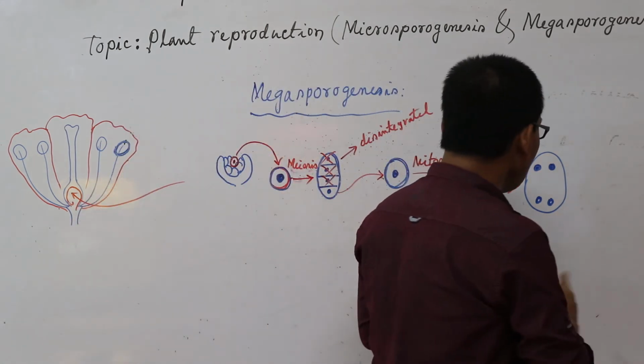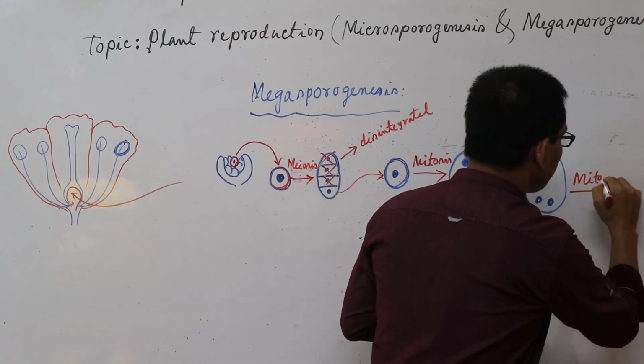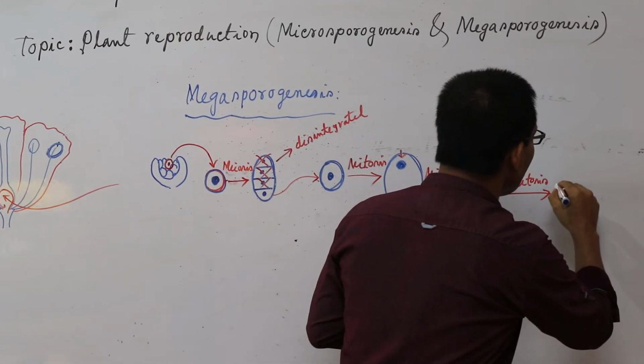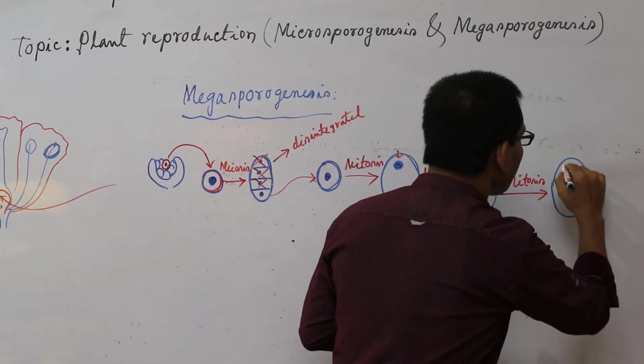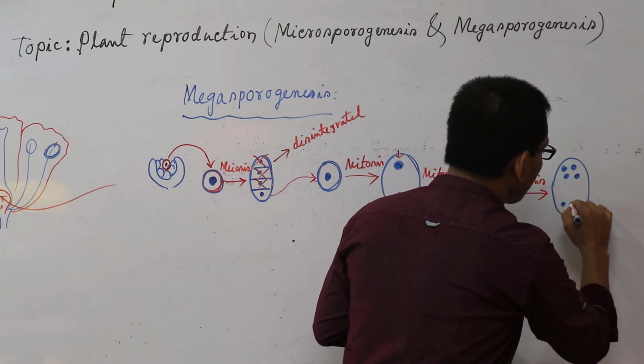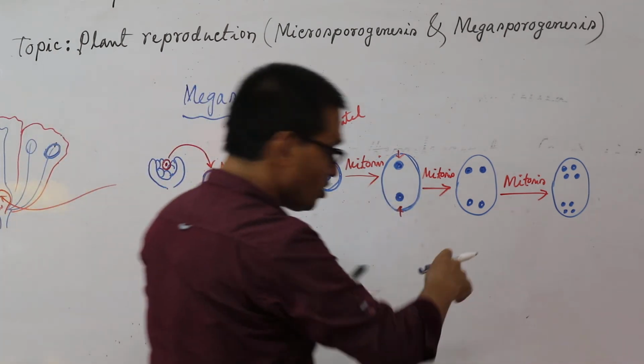These four nuclei divide again and form 8 nuclei. Look, it is also mitosis.